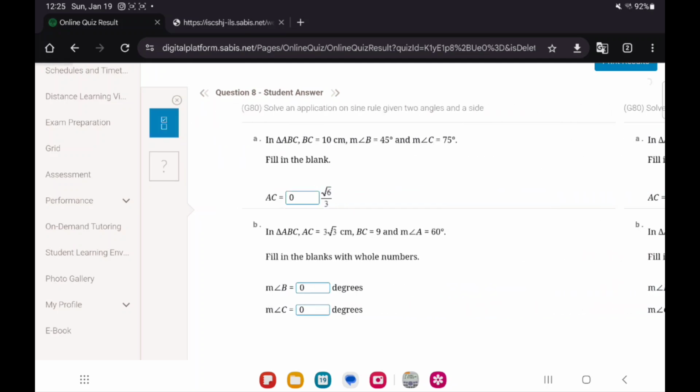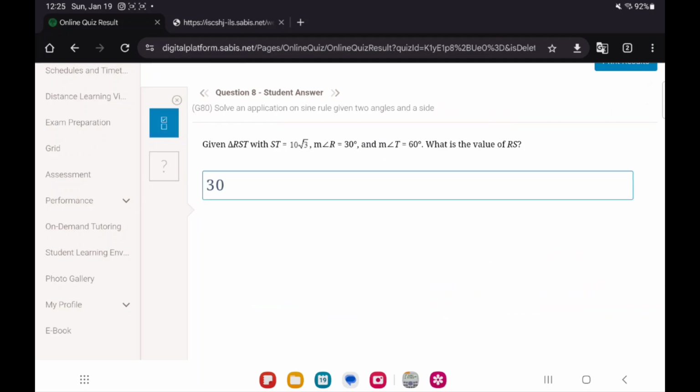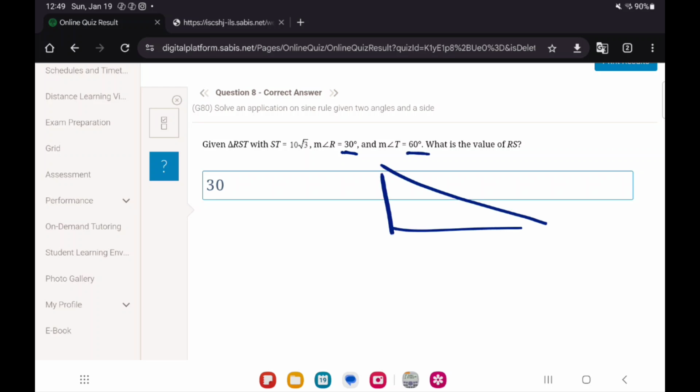Let's go to the next question. In this question, like I said, let's just keep drawing the triangle, because it makes it way easier for me. I know when you have 30 and 60, it's going to be a right triangle, because 30, 60, 90, 180 minus 90 is 90.